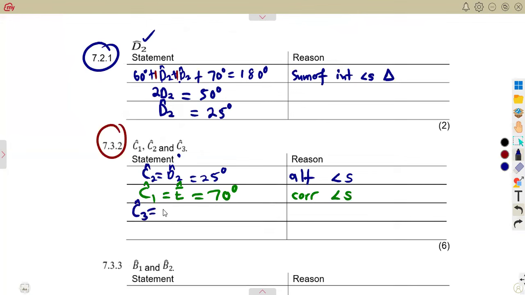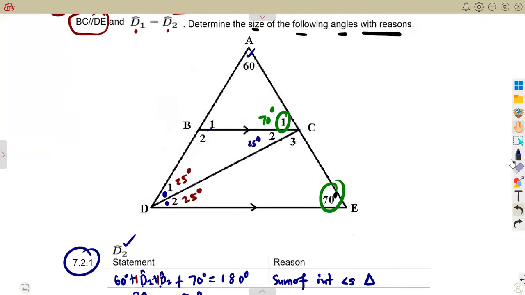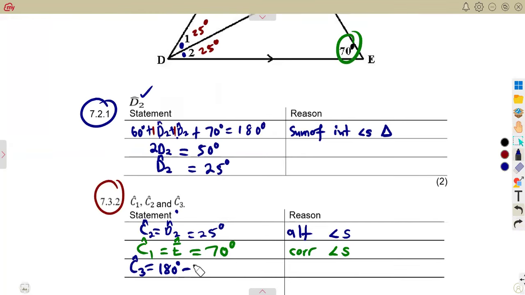Angle C3 was simply going to be 180 degrees, we subtract the other angles that are on a straight line with angle C3, which is angle C1 and angle C2, 70 and 25. So we are going to subtract 70 degrees and 25 degrees. We are referring to the angles that are on a straight line. That is the condition. And that was going to give us 85 degrees.